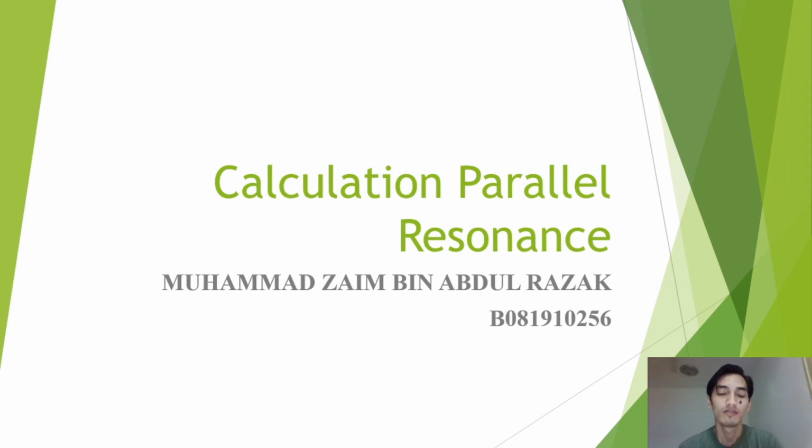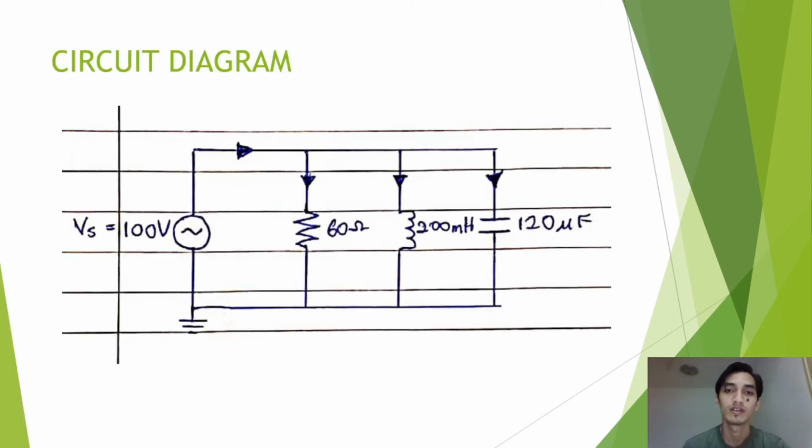For a parallel resonance circuit, parallel resonance occurs when the supply frequency creates zero phase difference between the supply voltage and current, producing a resistive circuit. This is the example circuit diagram that we use.